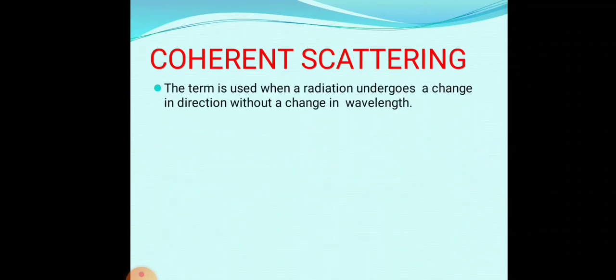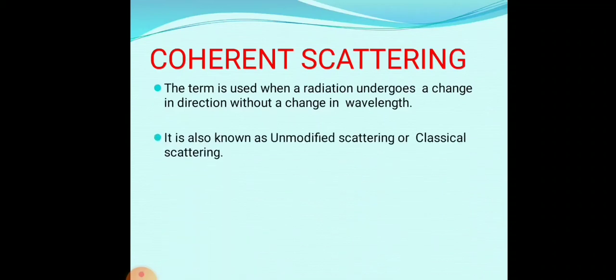Now going to see coherent scattering. The term is used when the radiation undergoes a change in direction without a change in wavelength. Change in direction but without change in wavelength. It is also called unmodified scattering or classical scattering.